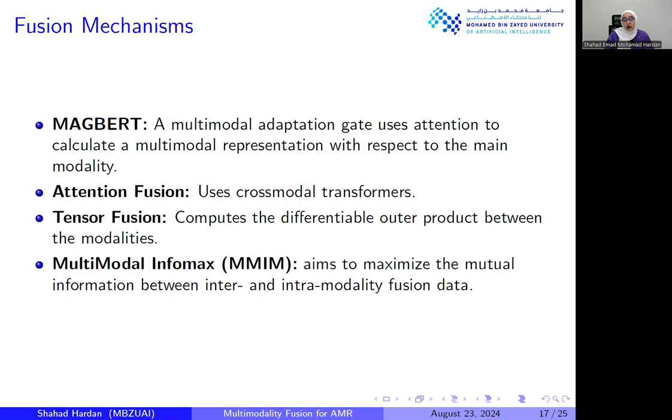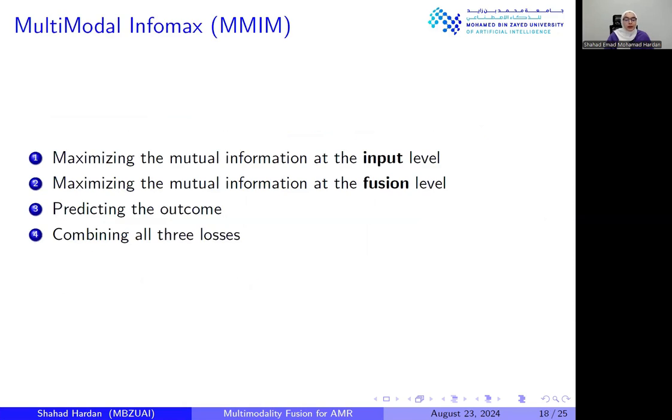Since we preferred using the multimodal InfoMax, as we will see later, we'll talk a little bit more about it. So multimodal InfoMax considers 4 different steps. First is maximizing the mutual information at the input level.